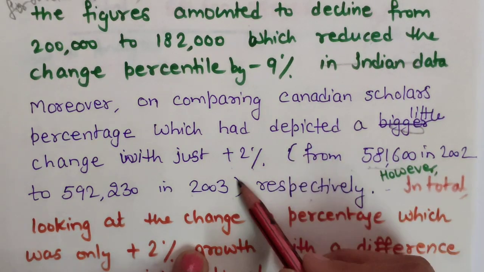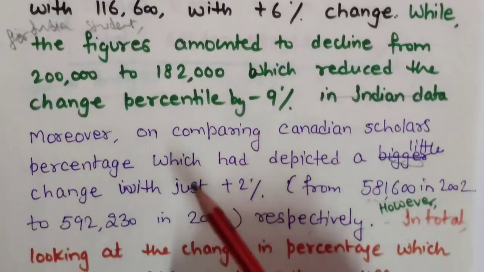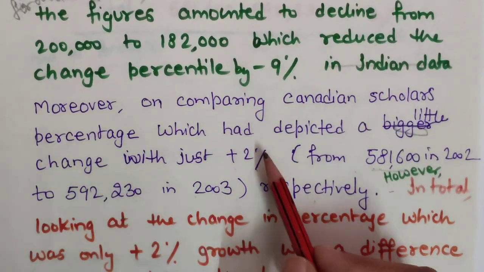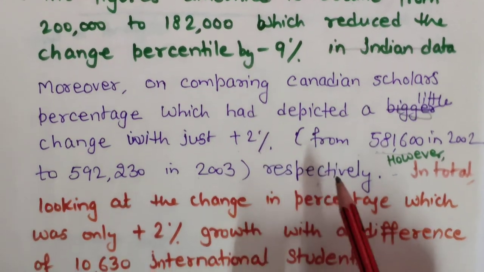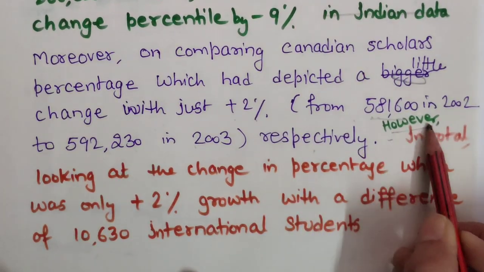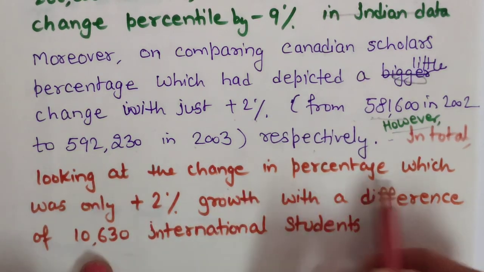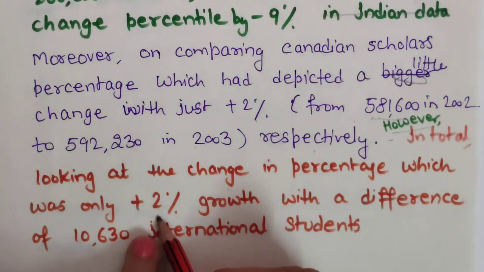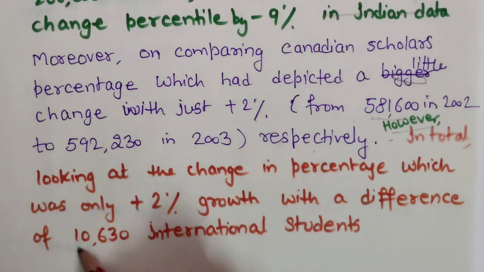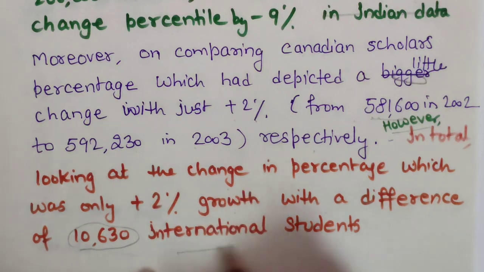Okay, so the same sentence structure I have written in the previous paragraph, but we have to write the figures also. So last line: however, in total, looking at the change in percentage, which was only plus 2% growth with a difference of, now again I have made a difference of international students.